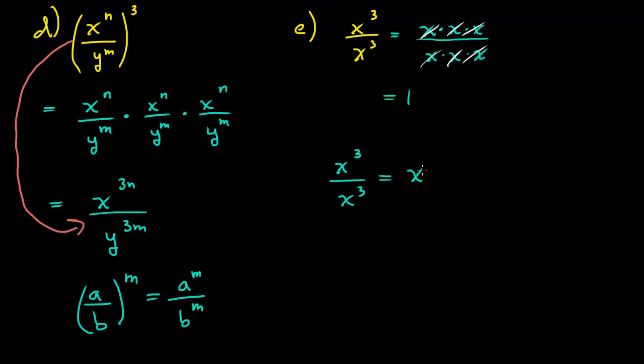So this would be equal to x to the power of 0. And in the first part of this, I said that x to the power of 3 divided by x to the power of 3 is just 1. So that gives us motivation as to why x to the power of 0 is just equal to 1, provided that x is not equal to 0.